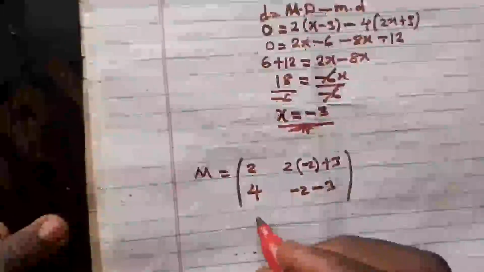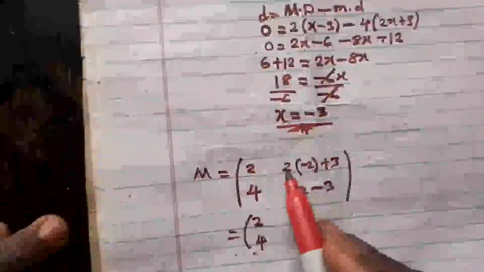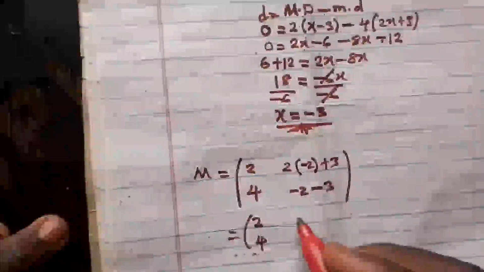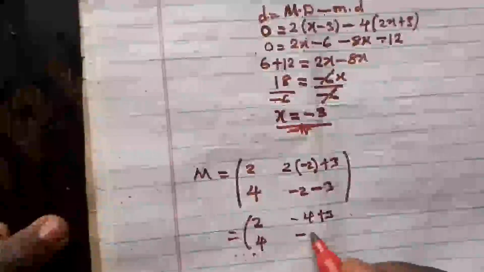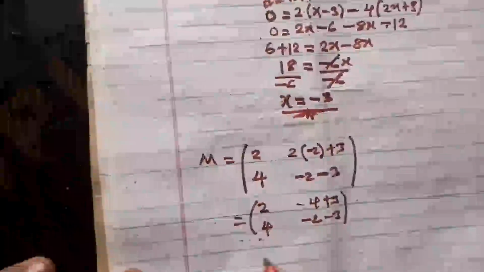Here, 2 multiplied by negative 2, I'm going to get negative 4 plus 3. Then negative 2 minus 3. So 2 by 4, negative 4 plus 3, I'm going to get negative 1. Then negative 2 minus 3, I'm going to get negative 5.